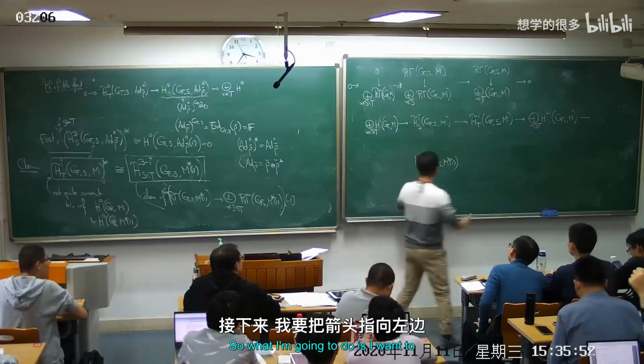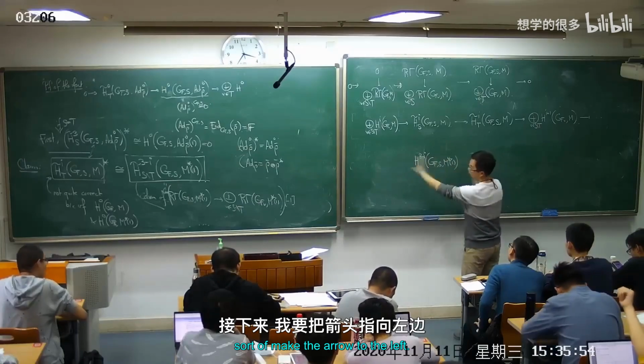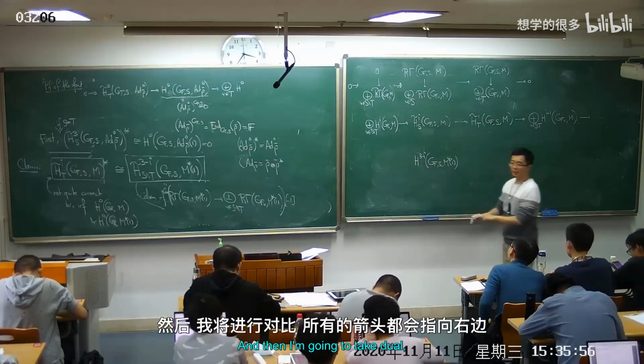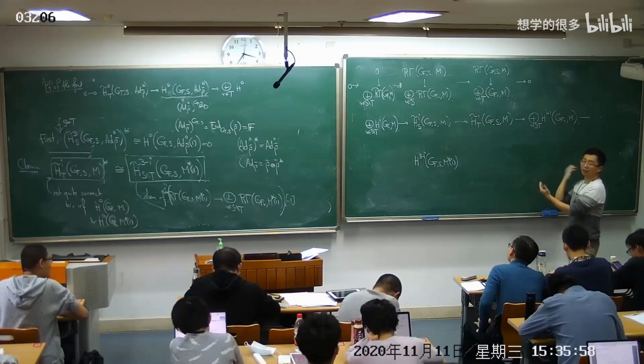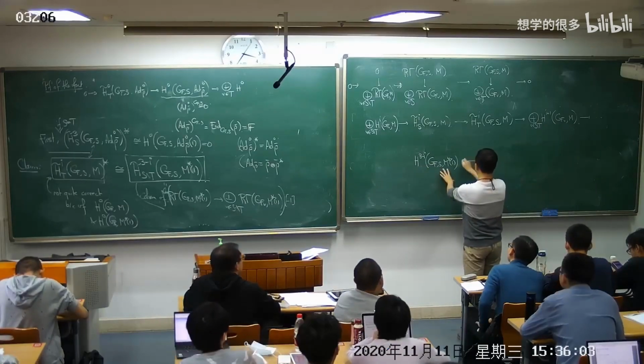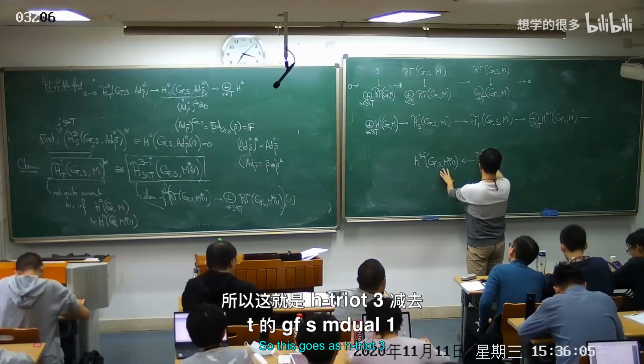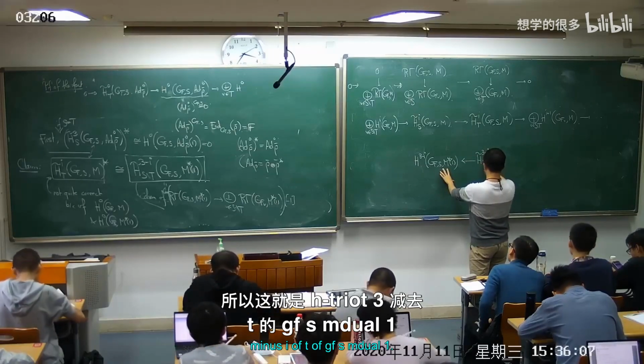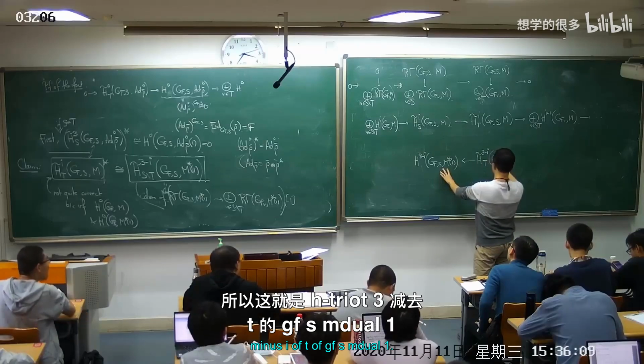So what I'm going to do is make the arrow go to the left, and then when I take the dual, all the arrows will come into the right. So the arrow goes this way. So this goes as H^{3-i} of G_{F,S\T} M dual (1).